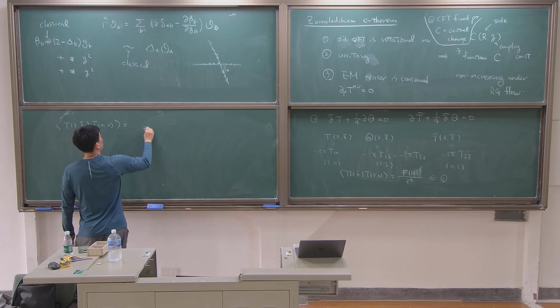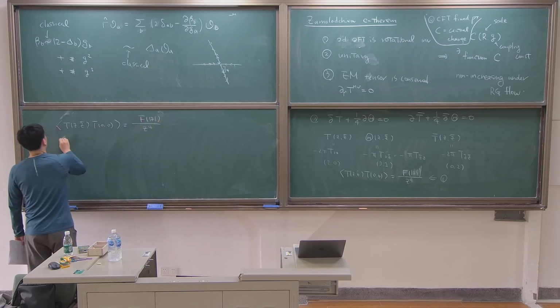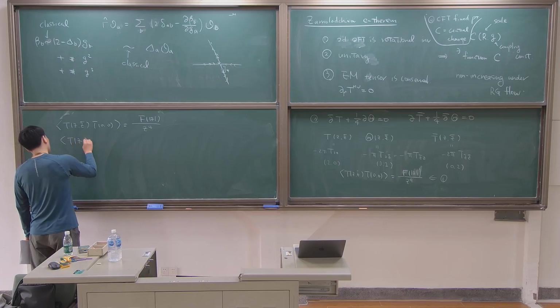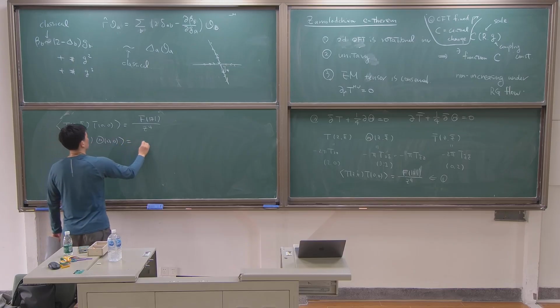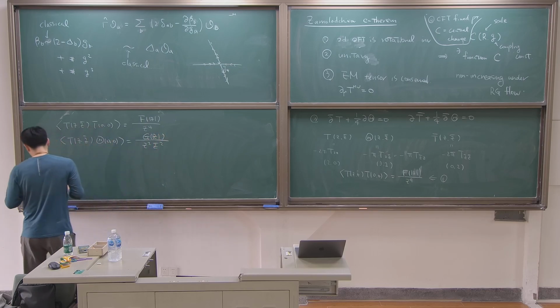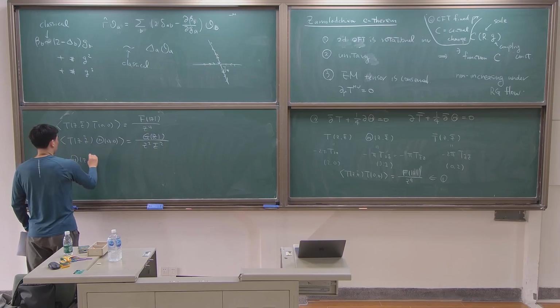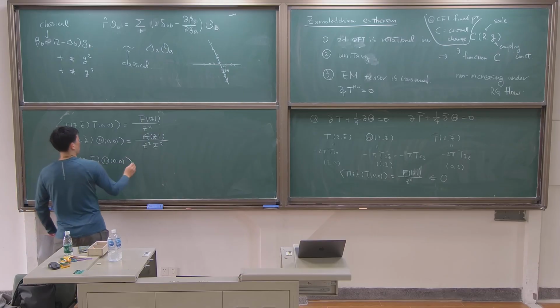This denominator comes from the scaling dimension of the TT correlation function. This is f of z, and I call it dTZZ. Like this way.